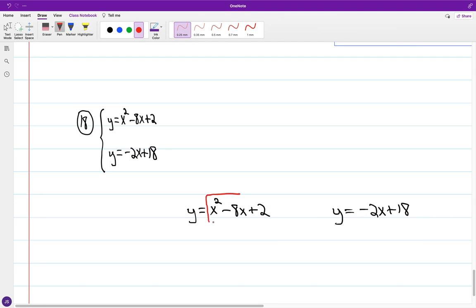Like for the first equation, we got y defined in terms of x as being x squared minus 8x plus 2. And if I take this trinomial and substitute for y in the other equation, we'll have the other equation in terms of the variable x, where I can go ahead and solve for the letter x.